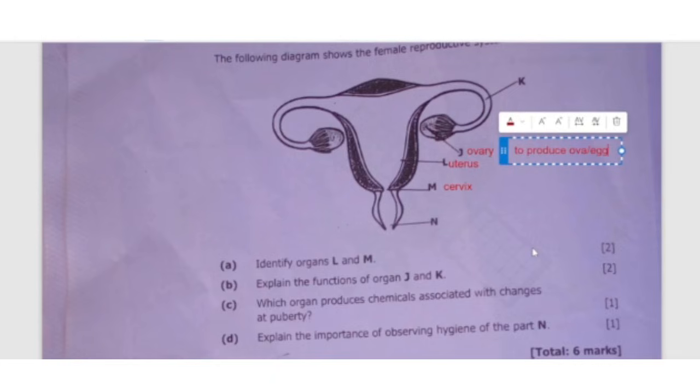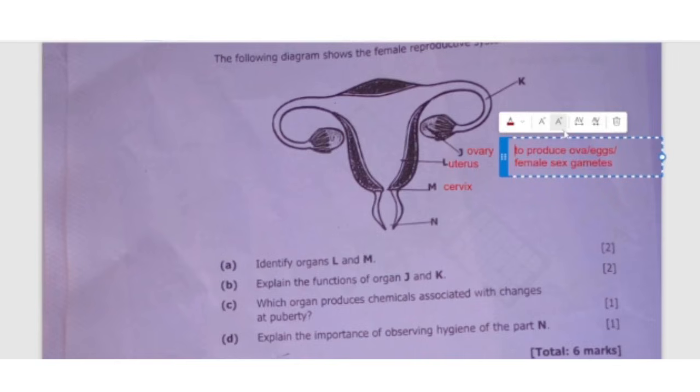To produce eggs. We can also call it female sex gamete. I should put the word female. Okay, so that's the first function.